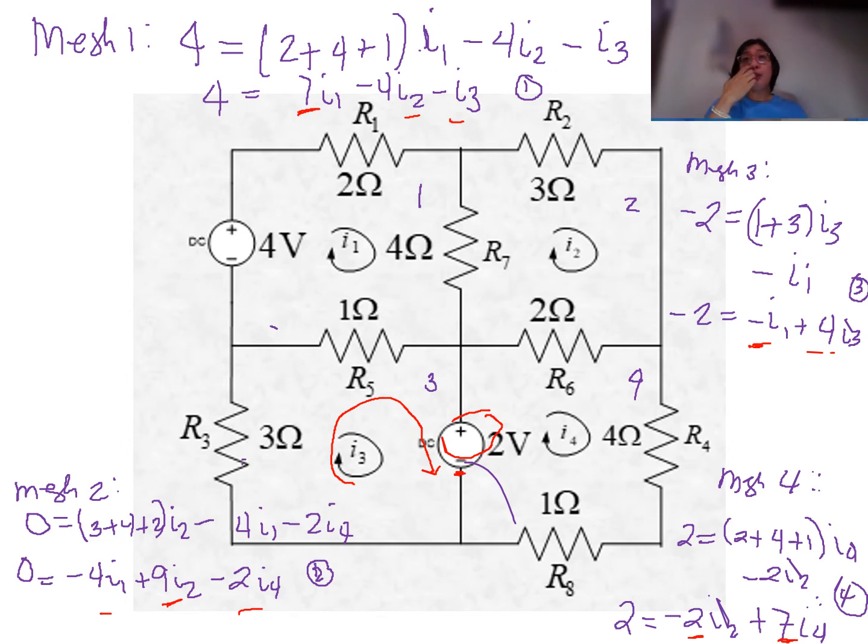So we have 4 unknowns, your I1, I2, I3 and I4. So no problem because we have 4 equations. Okay, so now what I want you to do is to solve for those 4 different currents using these 4 different equations. Okay, so I will leave that to you so that you can practice. Okay, so practice solving these simultaneous equations.